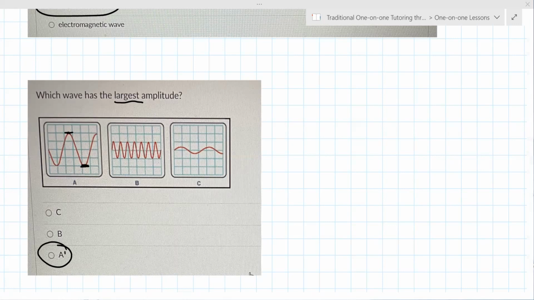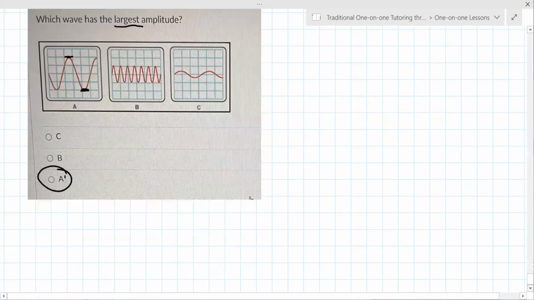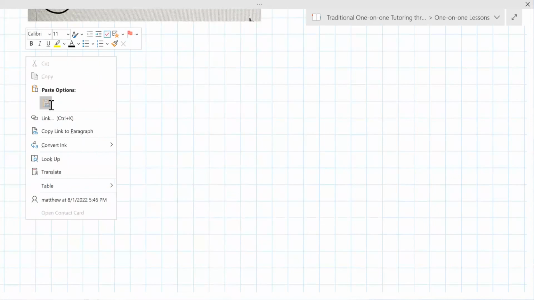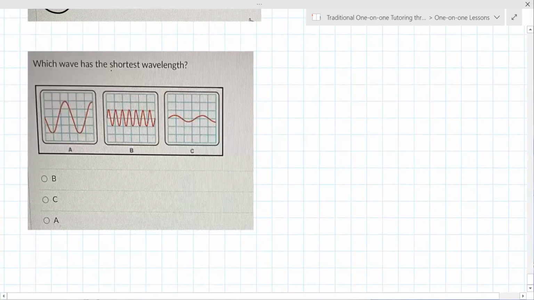Okay, shortest wavelength. So we can answer that. That's literally the length of the wave, and it's the same three ones. So we're looking for the one that stretches out the most. I'm sorry, stretches out the least because they want the shortest. Shortest wavelength. So this one is much shorter because it only takes one box to complete a full wave.